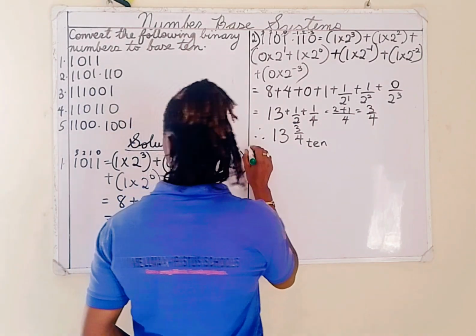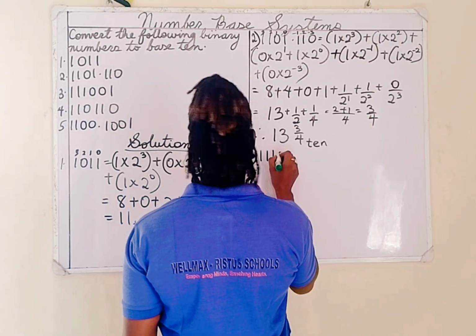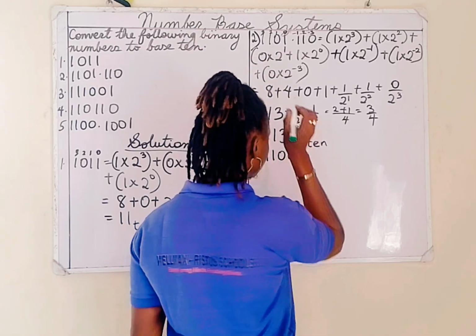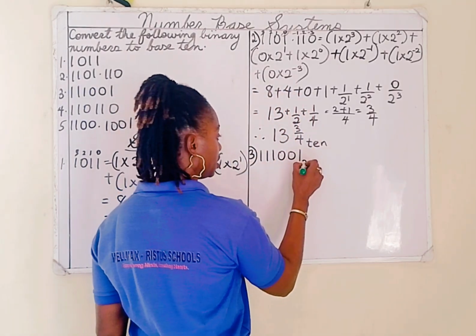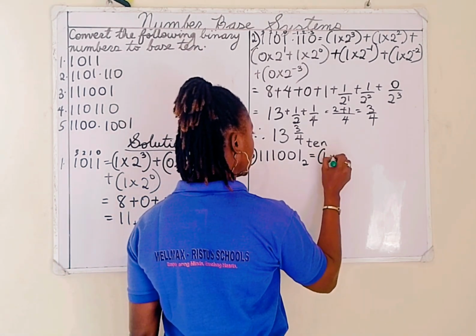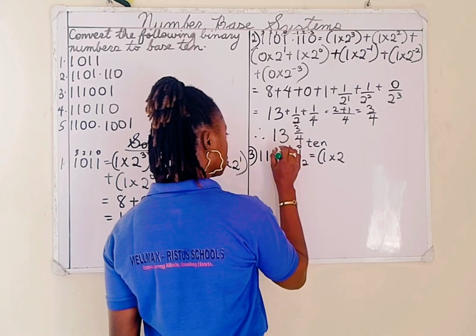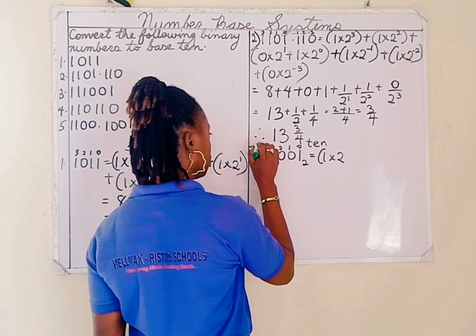Question 3. We have 111001. Convert this from base 2 to base 10. Okay, let's label it first: 0, 1, 2, 3, 4, 5.